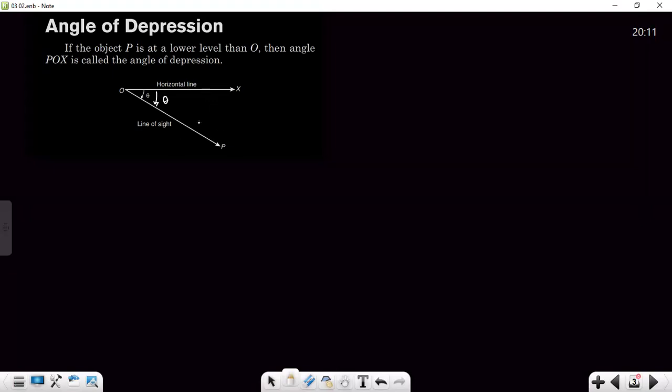And we may also draw a parallel line to OX, and we know by the alternate interior angle property, this angle will also be theta. These angles are equal as per alternate interior angles, right? Are there any doubts?